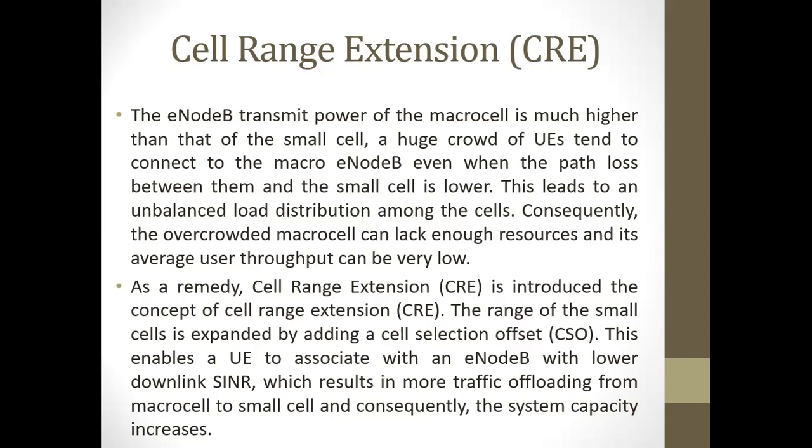In the case of event A3, the user compares the signal level between the target node B and the serving node B. If the target signal is higher by a margin, then it starts sending the report. That margin is called the A3 offset.